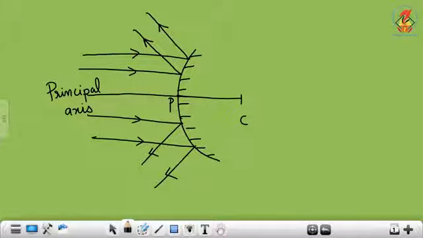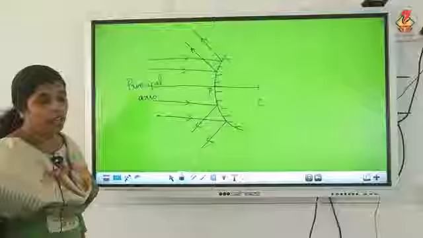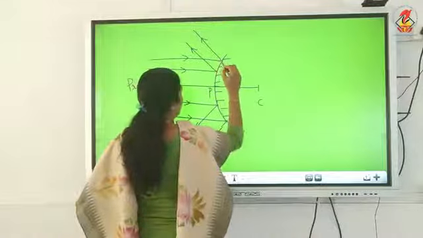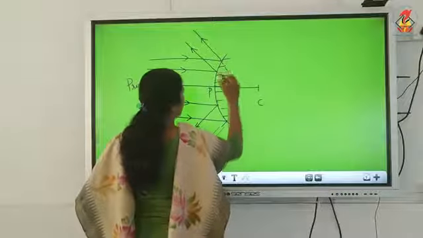Now, we will backtrace them. We will backtrace the reflected rays with dotted lines. So, we will draw it like this.